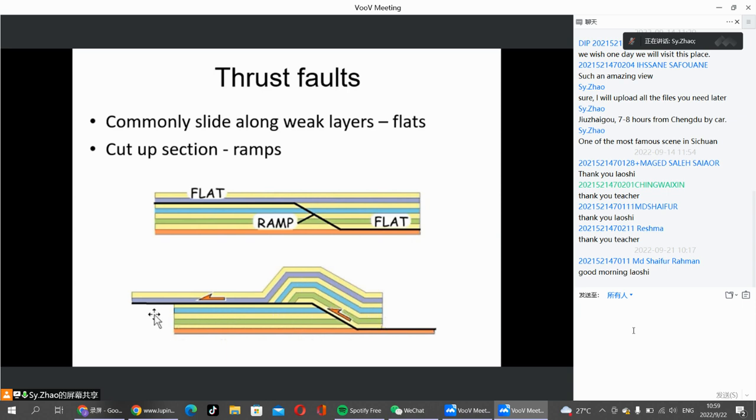So we can imagine previously the rock strata were lying horizontal, and after some compression stress in this region, the layer will climb up and cut up the section of this rock and might produce a thrust fault like this.